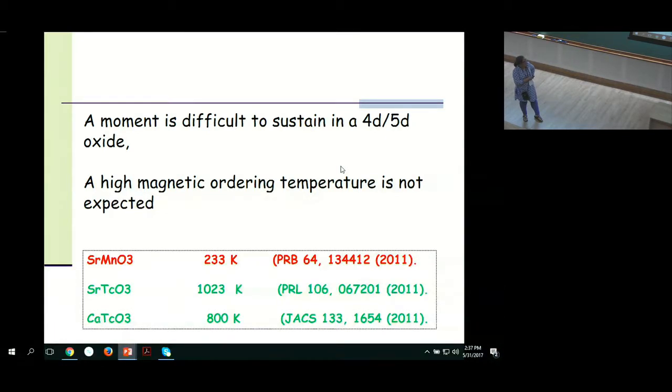Its 3D counterpart is strontium manganese oxide, and it has a Néel temperature of 233 Kelvin. So not only do we have an example of a 4D material which shows magnetism, but it also has a much higher magnetic ordering temperature than its 3D counterpart.